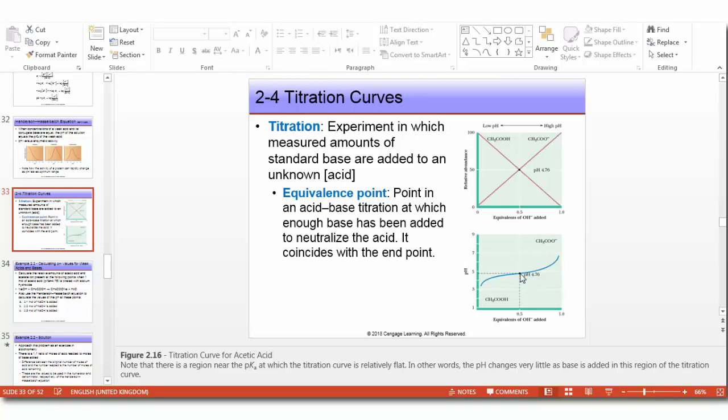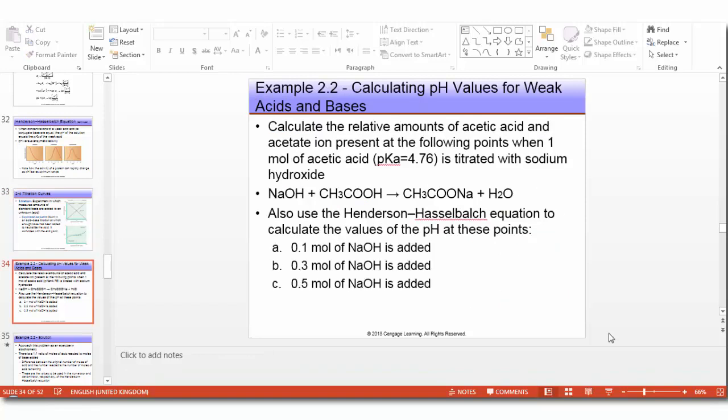So at this midway titration, this is called the inflection point also. Now since the concentration of the acid and its conjugate base are equal, then pH equals pKa of the weak acid.